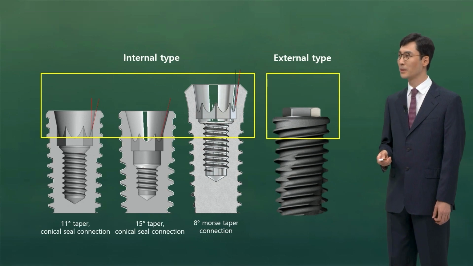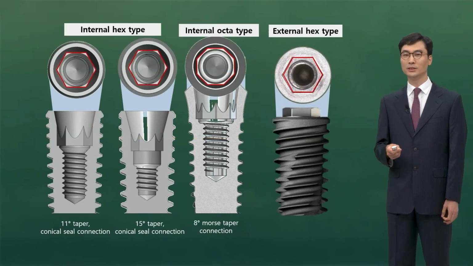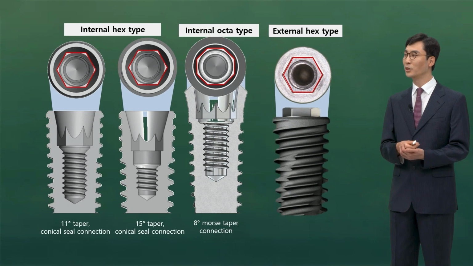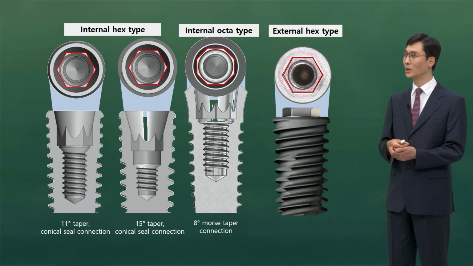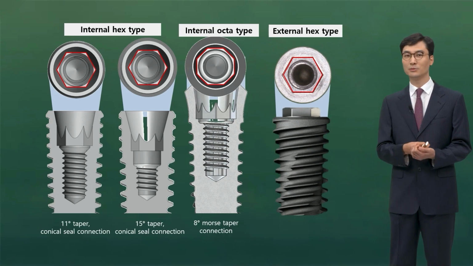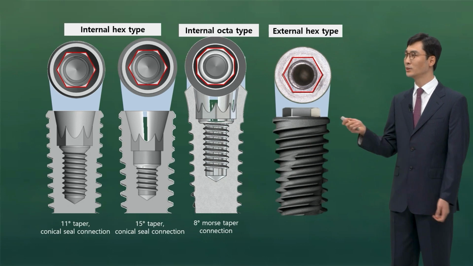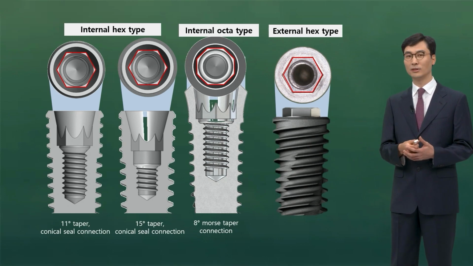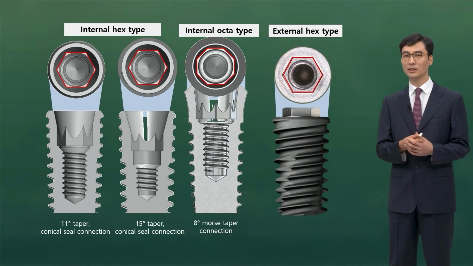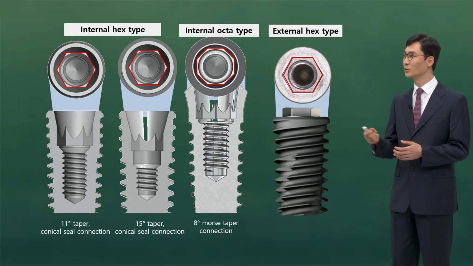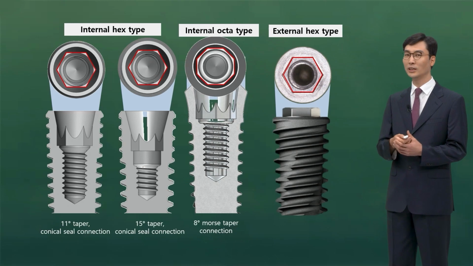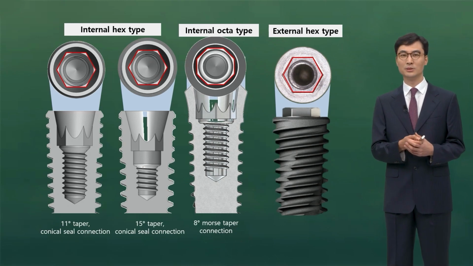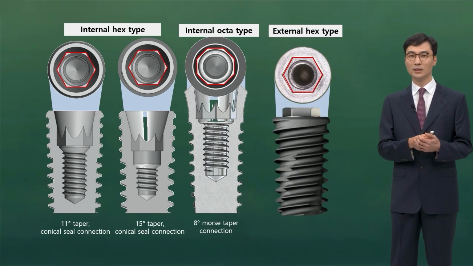The internal type can be divided into the bone level on the left and the tissue level implant on the right, depending on the placement level. From the top view, internal hex or internal octa are seen. In the external type, you can see the hex structure protruded at the top of the implant.